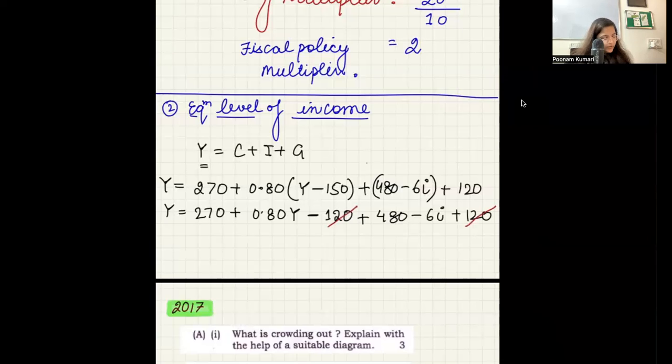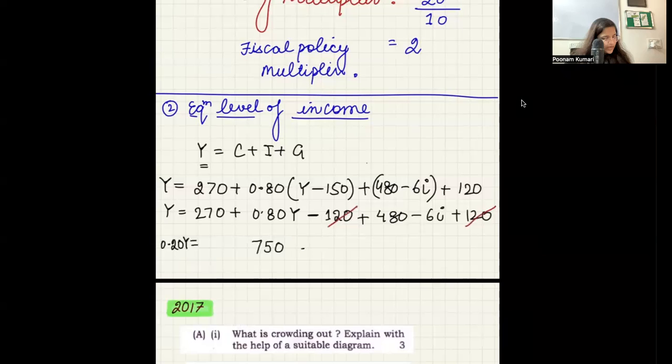And then what you have here is, this can go here and it will give you 0.20y, and this you have to add, which will give you 750. Yes, so that is what you will get here.